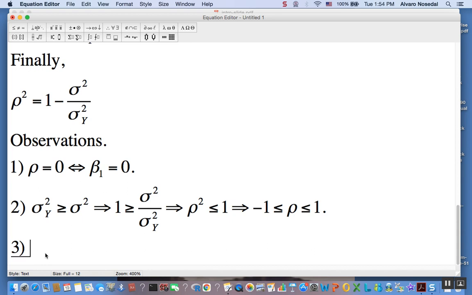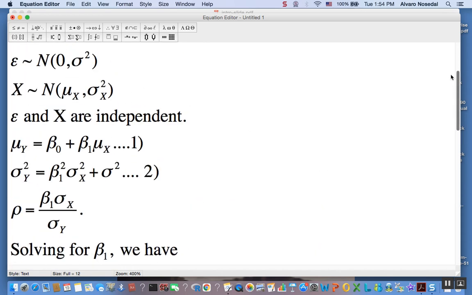When is this guy going to be 1? The only way that rho square can be 1 is when sigma square equals 0, right? And that happens only since this guy represents the variance of those random fluctuations.